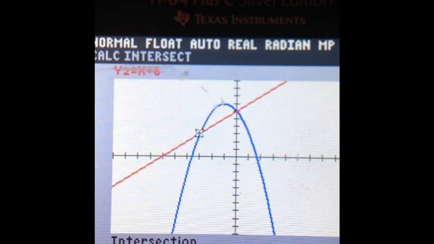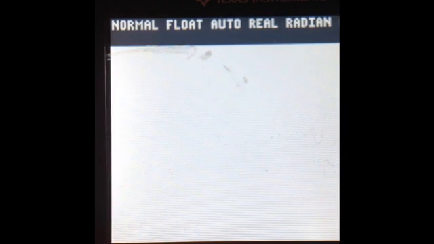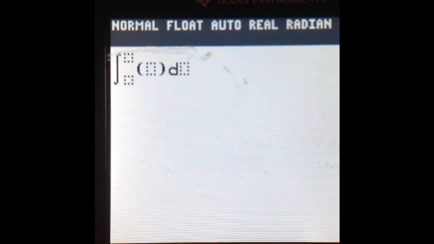So now let's use our Math 9 feature. So we're going to do Math and pick number 9. And we're going from negative 3 to 0. Now you want to add parentheses because you're going to have to put a square.